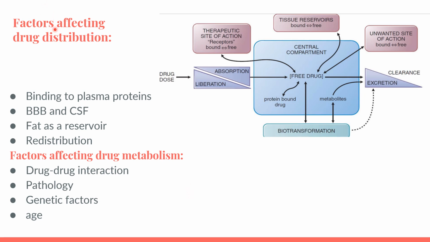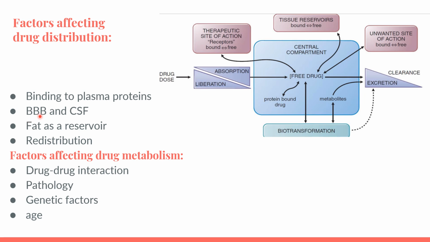Some factors affecting drug distribution. Now the drug is absorbed and it has to be distributed. What are some of the factors that affect this step? First, we have the binding to plasma proteins, because when the drug is bound, it will not be able to pass any membrane.